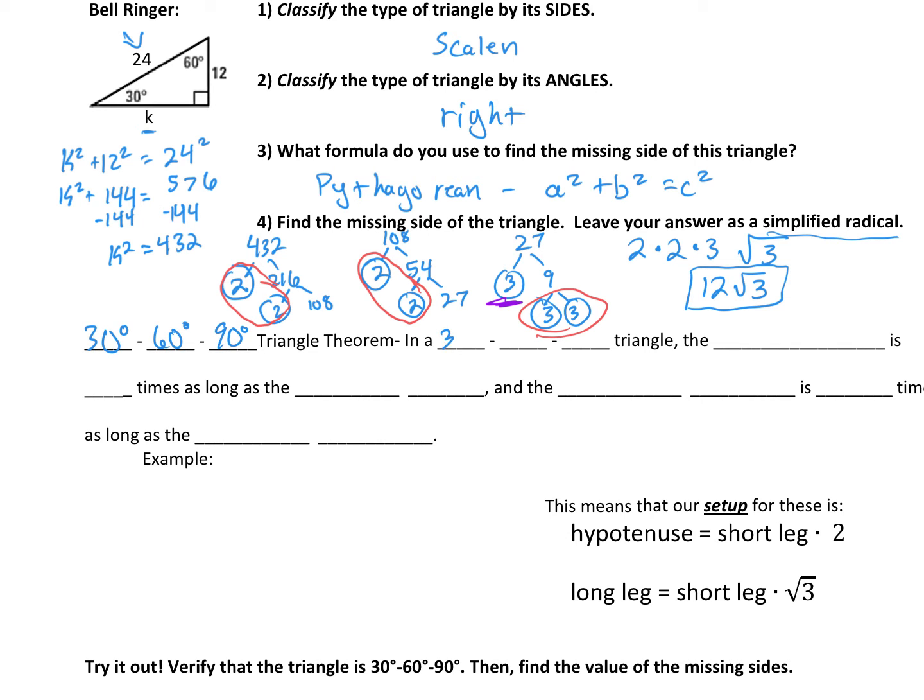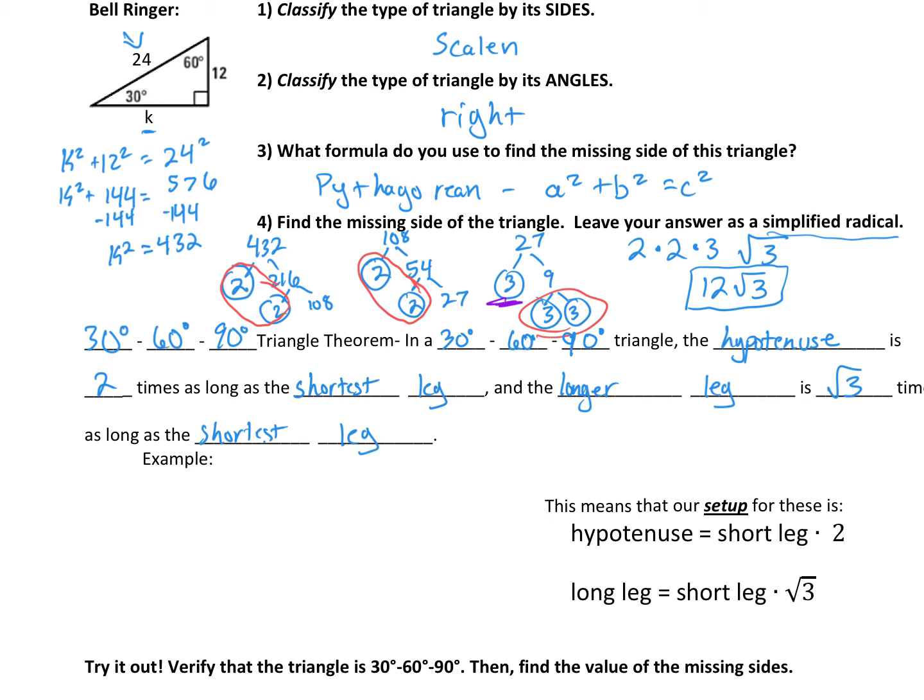In a 30, 60, 90 triangle, the hypotenuse is 2 times as long as the short leg, or I want to say the shortest leg, and the longer leg is root 3 times as long as the shortest leg.